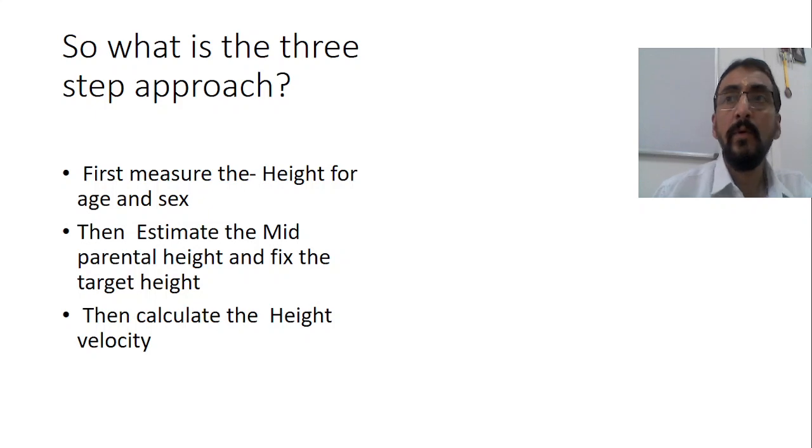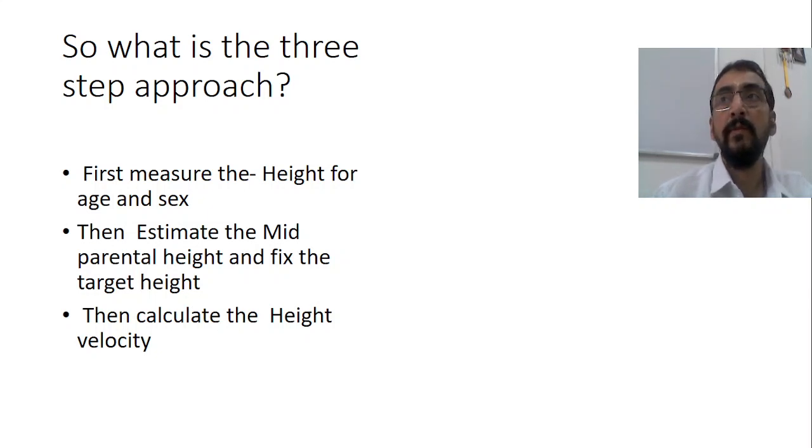So it's a big pool actually. Short stature means we are just making a very superficial diagnosis. Once short stature is diagnosed, the next task is to identify the cause. Therefore these three approaches are very important.